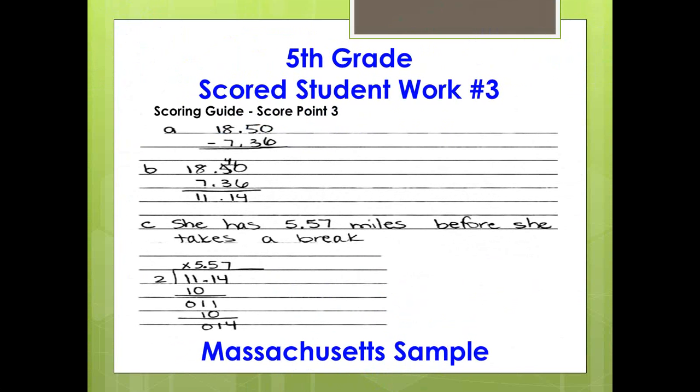And then on part C, they said she has 5.57 miles before she takes a break. My explanation for why this student may not have received the 4-point value is, of course, there was no deep explanation of how they came to the answer on part A and part B.